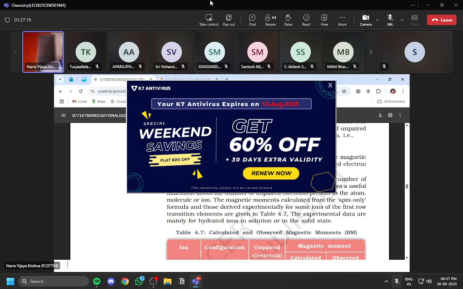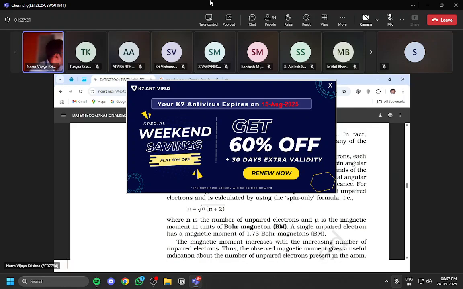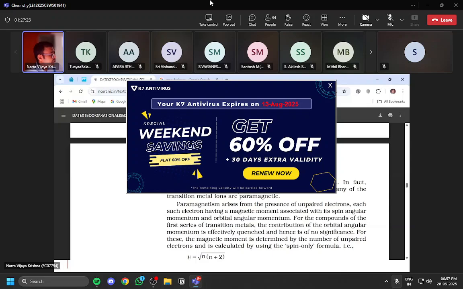Here they gave some, oh, they have not given that value. Okay, leave it. Here they give ferromagnetic substances strongly attracted. Same points we have discussed in the solid state chapter. Para, dia. What is CrO2?